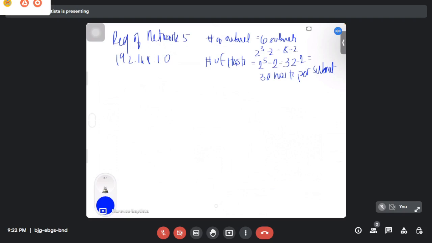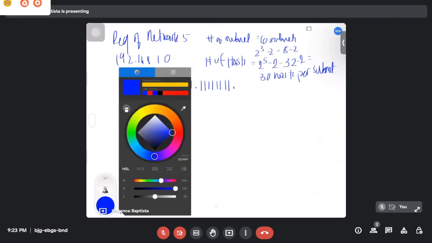Iko-customize po natin si subnet mask. Babalik ko lang po yung ating binary example. Sa subnet mask again, sa network portion lahat po ay naka 1 1 1 1 1 1 1 1, dot 1 1 1 1 1 1 1 1, dot 1 1 1 1 1 1 1 1, dot 1 2 3 4 5 6 7 8, ito na po yung host portion, di ba?